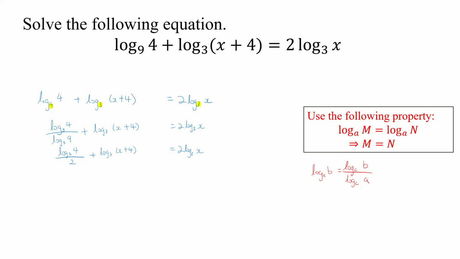But the problem is we still cannot combine because of this over 2 over here. So let's just rewrite this over 2 as half. So half log base 3 of 4 plus log base 3 of (x plus 4) equals 2 log base 3 of x.